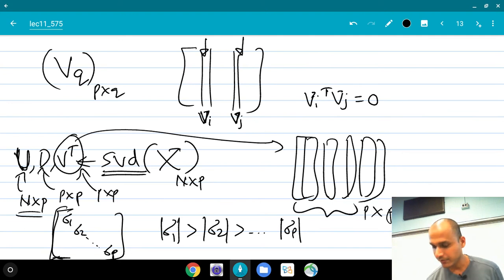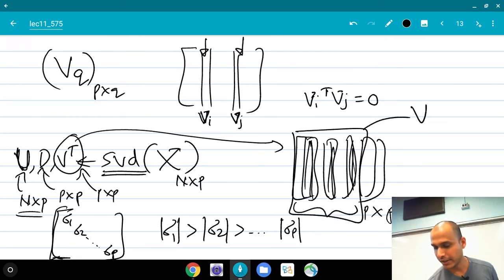Then you can just pick the Q columns of the V matrix, not the V transpose, or you can think of Q rows of the V transpose matrix. Pick these columns and call that your VQ.